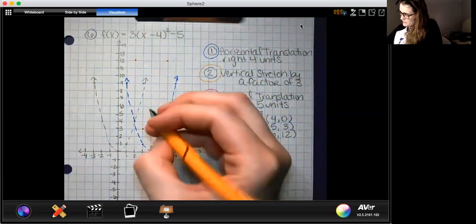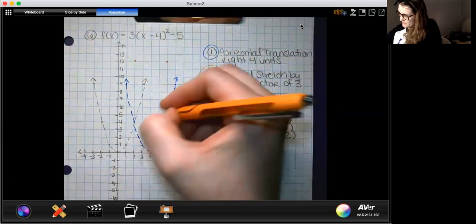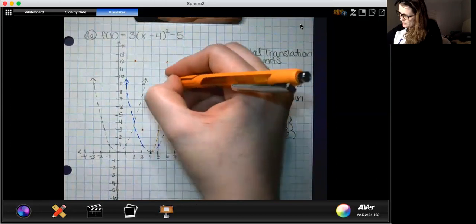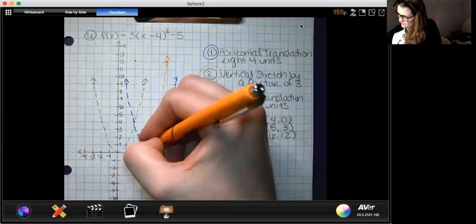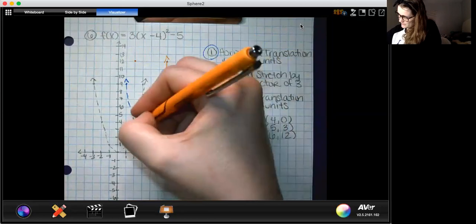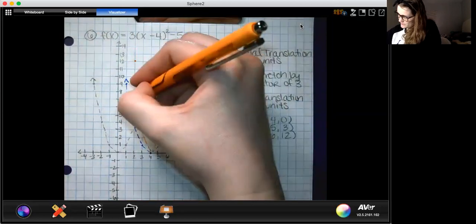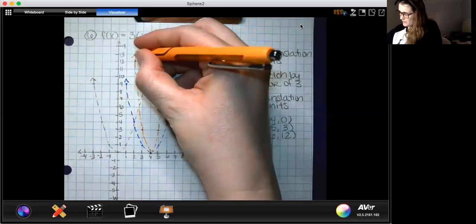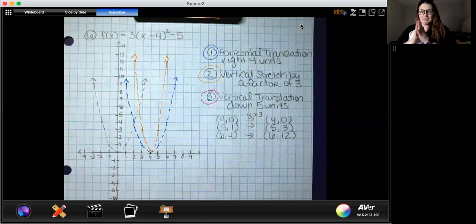As you can tell, the graph has gotten much longer, or you could say it's got a lot tighter. It's gone in. So it is stretched out.